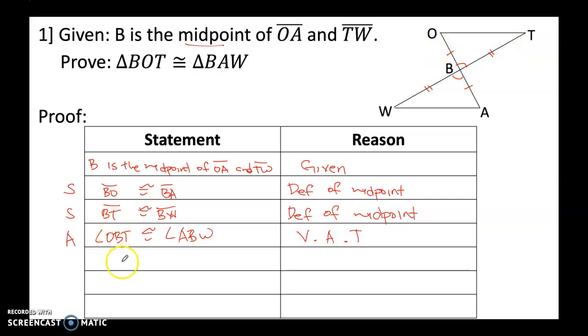So we can prove that triangle BOT is congruent to triangle BAW by side, angle, side, the SAS postulate. So we end our proof, statements and reasons, because we already proved that the two triangles are congruent.